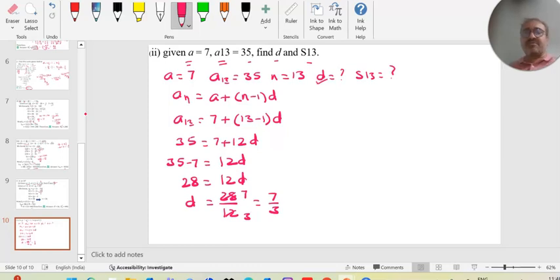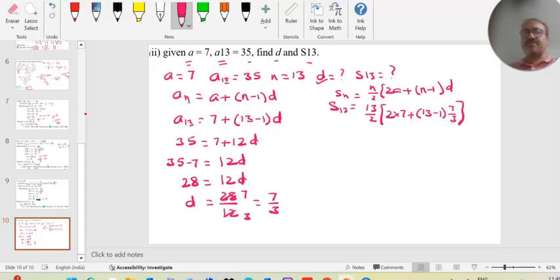D వచ్చేసింది. తర్వాత S13 is equal to, first write the Sn formula, n/2 (2a + (n - 1) d). S13 = 13/2 (2 into 7 + (13 - 1) into 7/3).